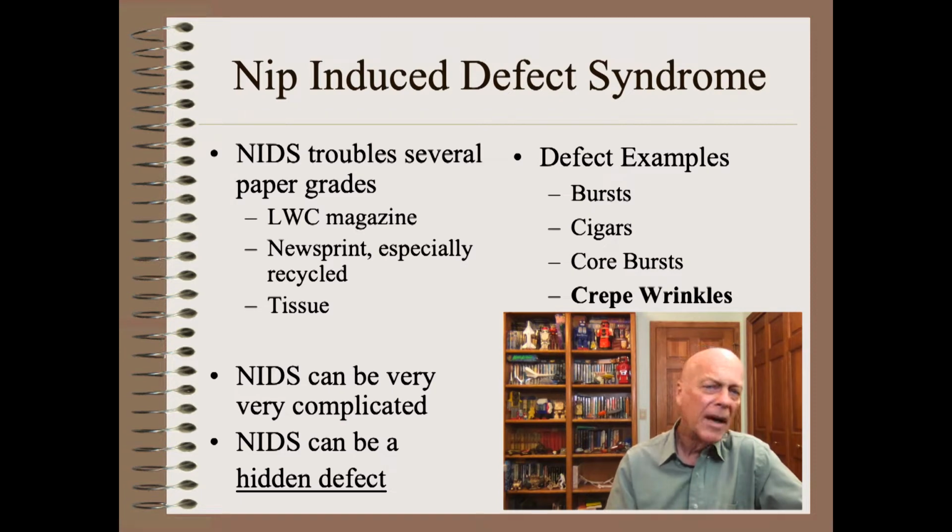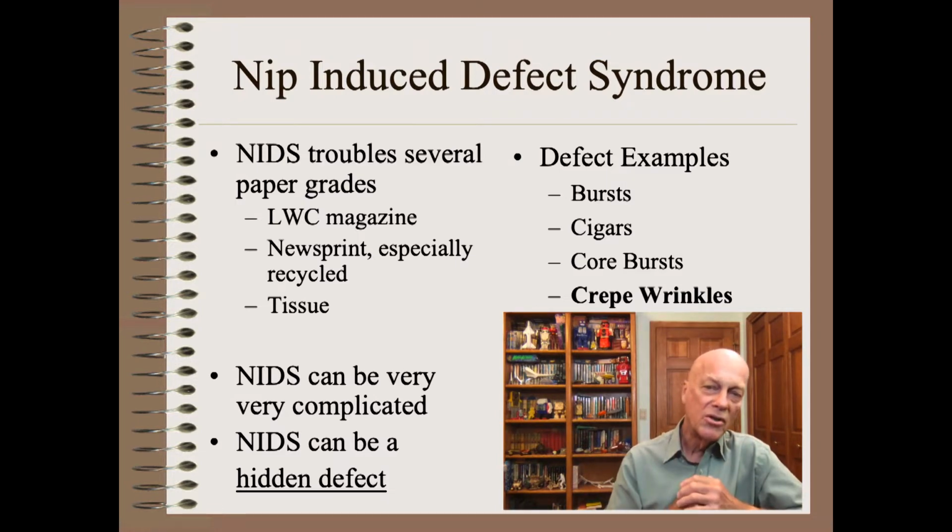While it might be possible for non-paper materials, I'm not aware of it, at least at this time. Second, even in paper, it is confined to only a few subset grades such as magazine, newspaper, and tissue, and then only on a few subspecies of that subset.